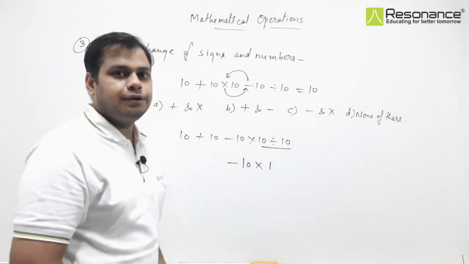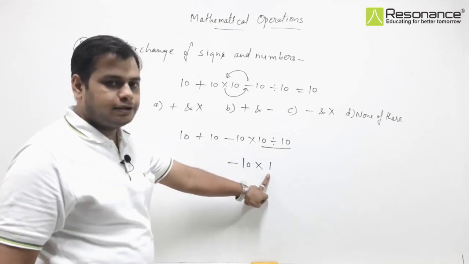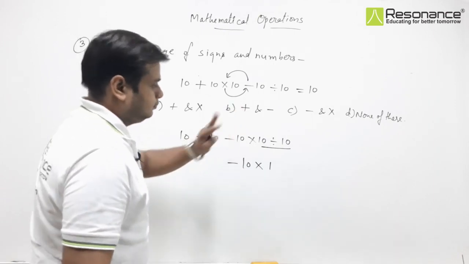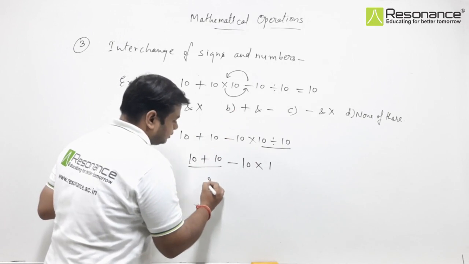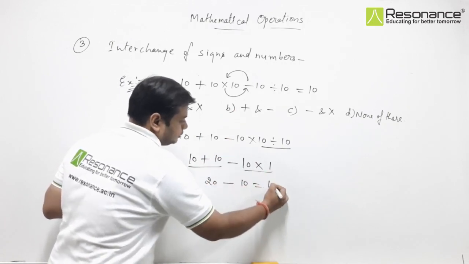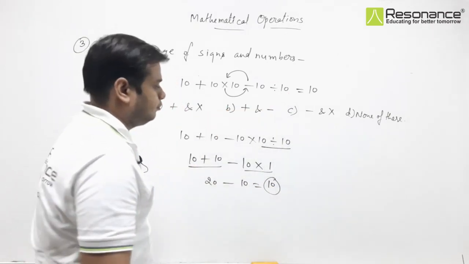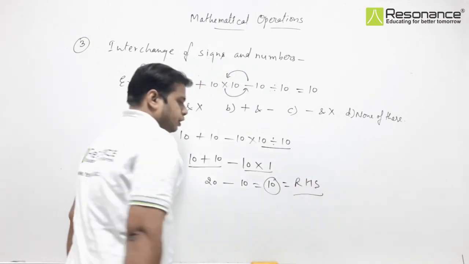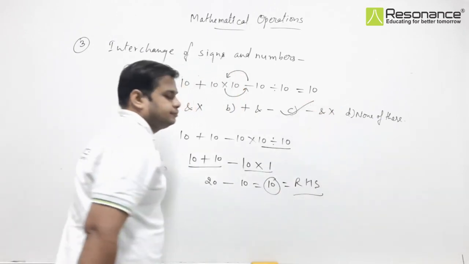So the number reduces very much. Multiplication will not give us a larger number, so that 10 plus 10 is 20 and 10 multiplied by 1 is 10, 20 minus 10 is 10, which is written equal to 10. Okay. So option C is the correct answer.